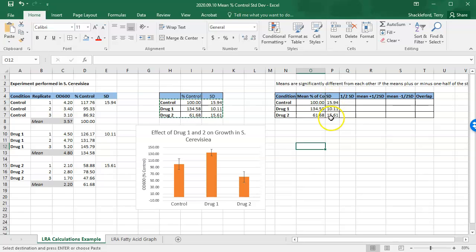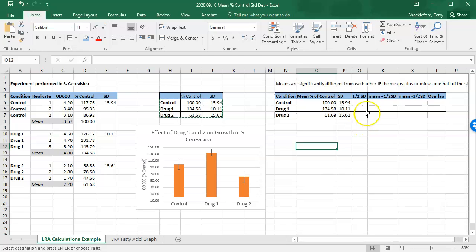The next step I want to do is find 1/2 standard deviation, and I'll show you how to have Excel do your math for you. So click on the cell, select equals, select the standard deviation divided by 2. So now Excel has done the math for you, and it has taken 15.94 divided by 2 to give you this 7.97.